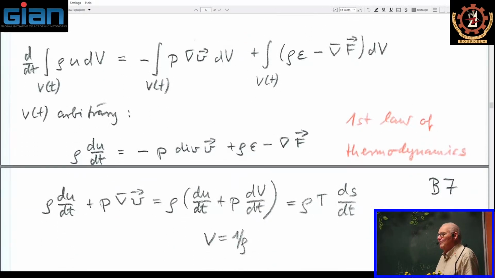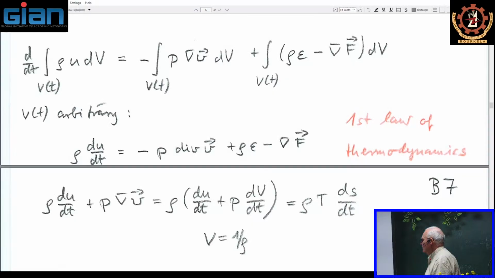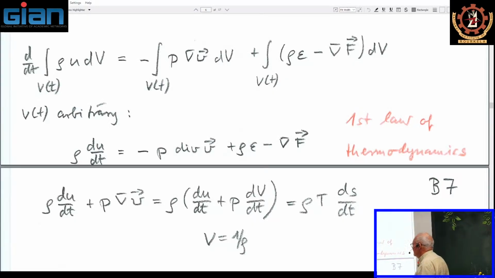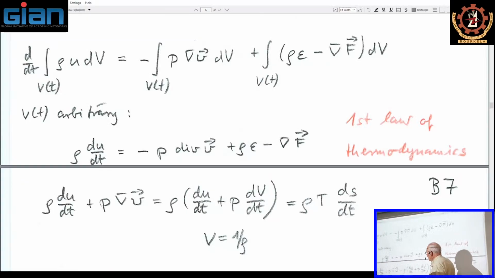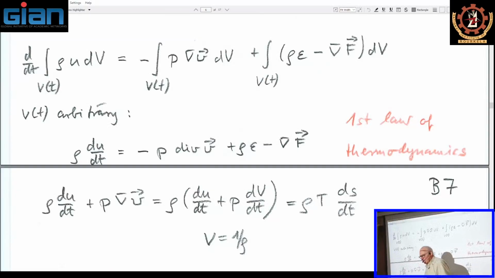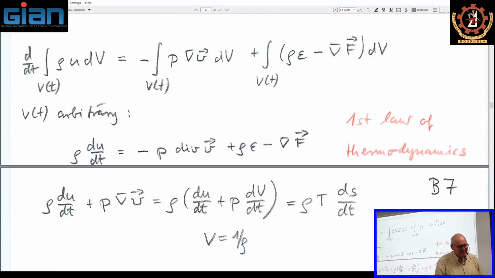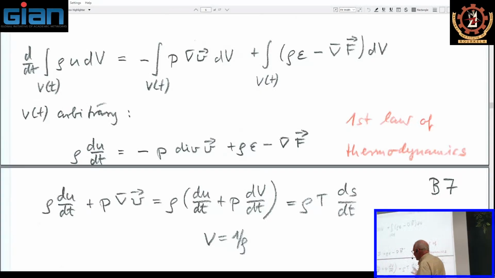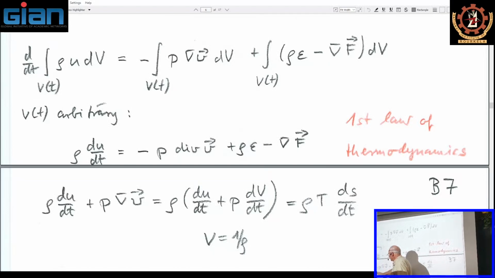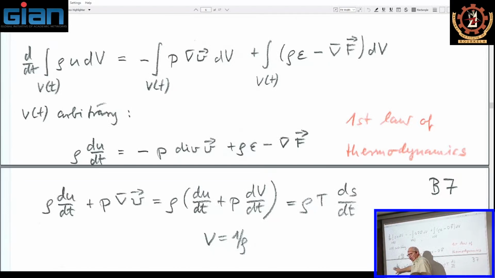Well, there are many forms of the first law of thermodynamics, and one variety is to replace the term dq, the heat taken out of or put into the system, which according to the first law of thermodynamics is replaced by the change of internal energy and the mechanical work done to the system.